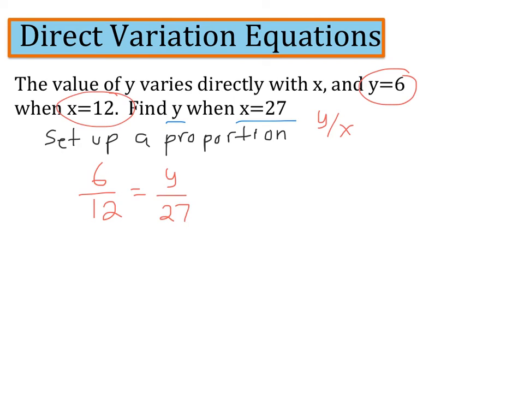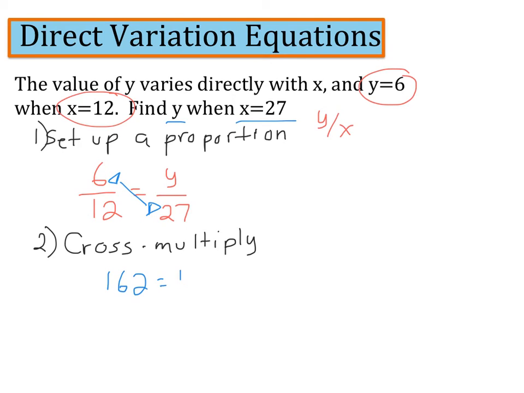So our first step was to set up a proportion. Then we cross multiply and solve for y. Okay, so we multiply the 6 times the 27 and get a value of 162, and that has to equal 12y.